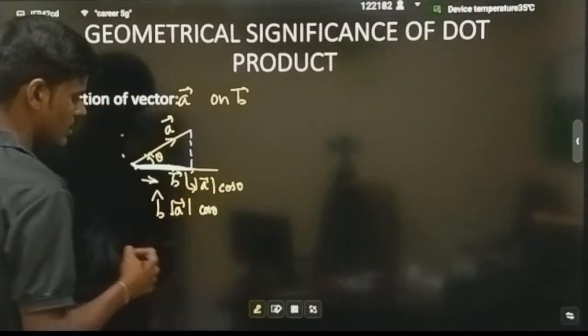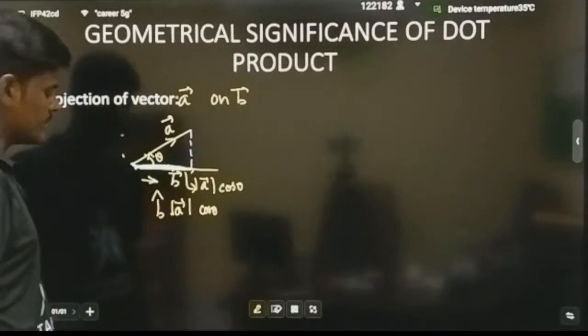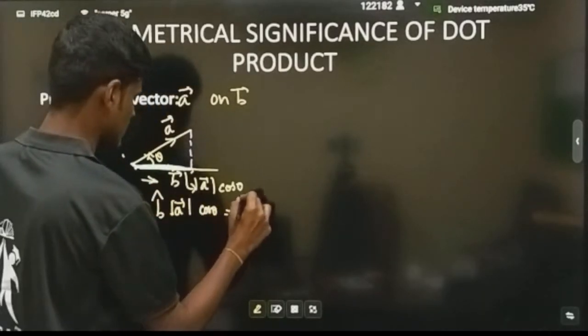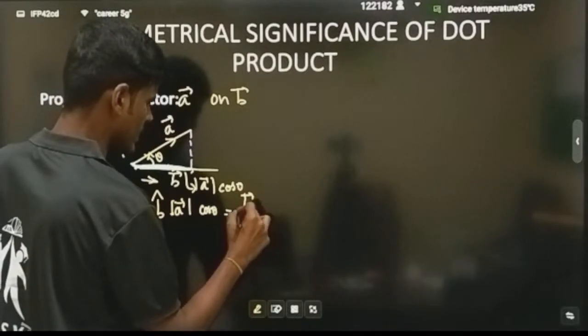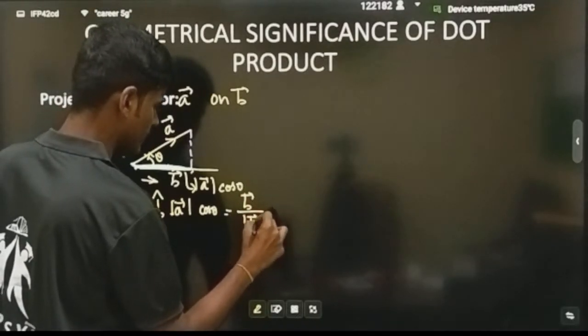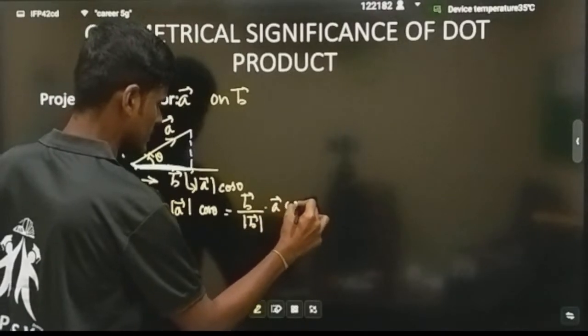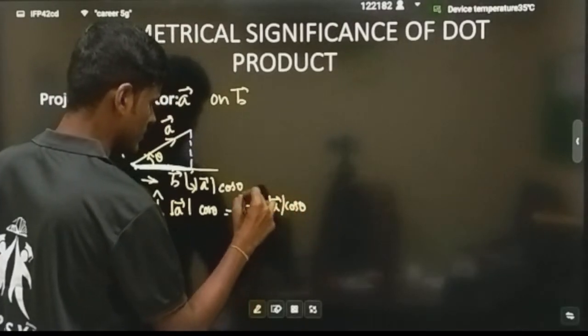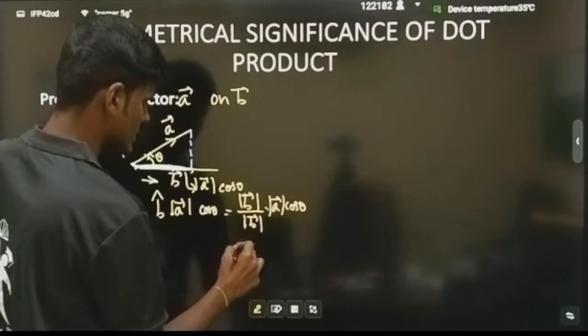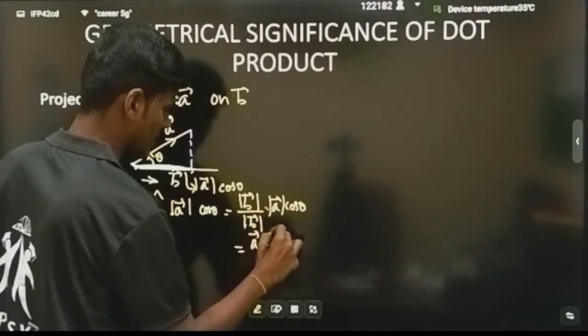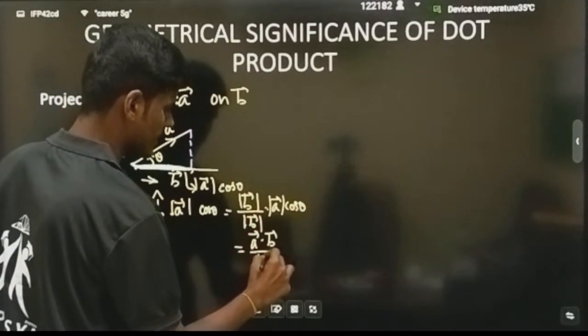Now what is B cap? B cap is nothing but B vector by modulus B vector. Now this is given by B vector dot A vector cos theta. Take magnitude here. This formula is A dot B divided by modulus B vector.